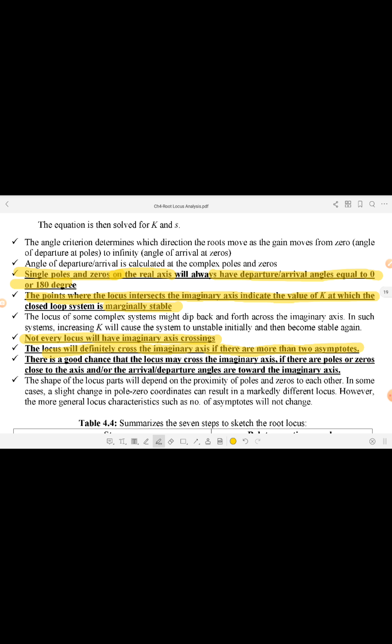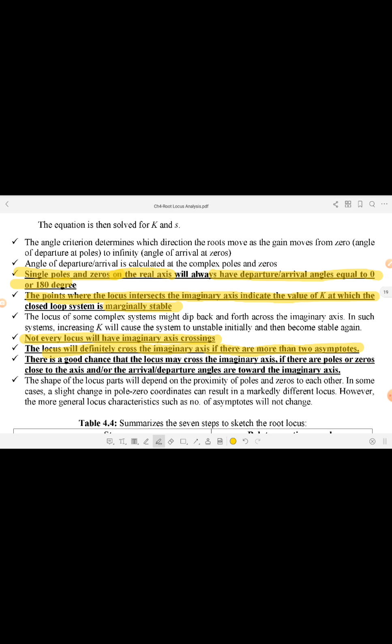And if the number of asymptotes is greater than 2, the angles of the asymptotes will be 60, minus 60, 180 if n minus m is equal to 3, and if n minus m is equal to 4, the initial angle will be 45. For any initial angle that is less than 90 degrees, there must be a value of k beyond which the root locus will cross the imaginary axis and your system will become unstable.